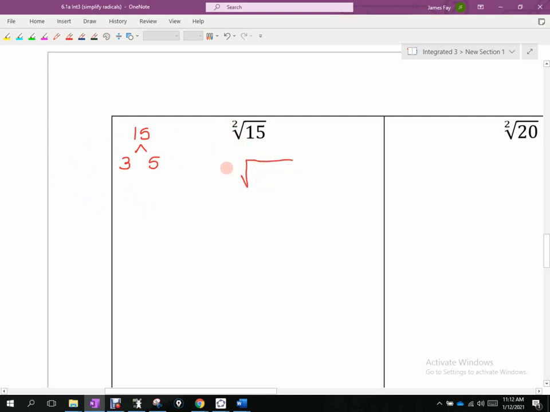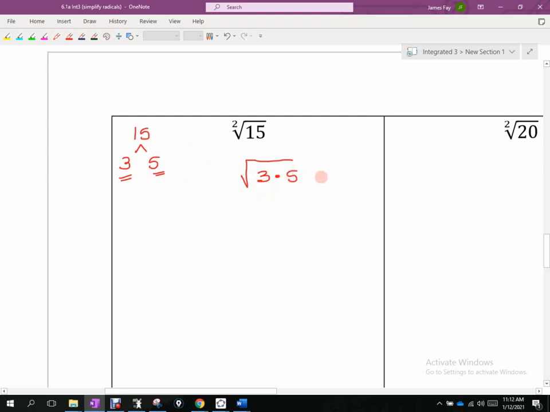remember what we said yesterday. We said if there are groups of like 3s, if there were 2 3s or if there were 2 5s, we would put that number out front. Are there any groups to go out front? No. So the things that don't have a group, they go back underneath with multiplication.